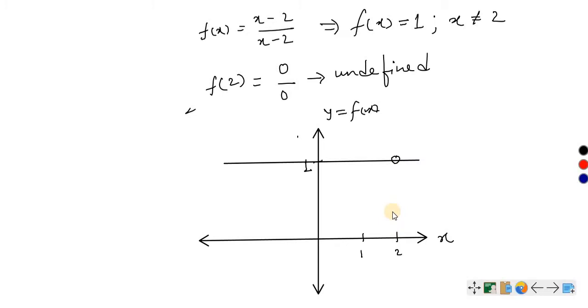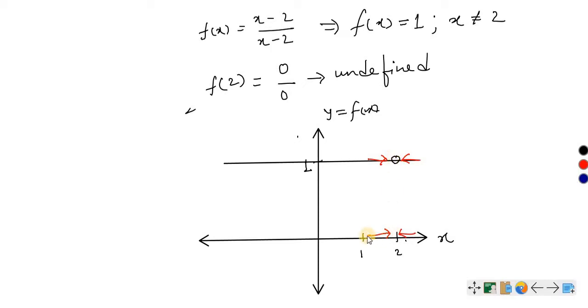But what if x is approaching 2? Then what are we going to get? Let me represent this with the red marker. Suppose x is approaching 2 from the left hand side as well as from the right hand side. Then certainly the function f of x will also approach this undefined point, or the gap.